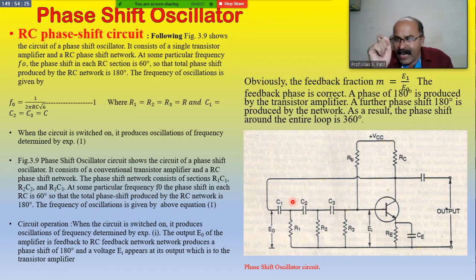Friends, at the time of designing the phase shift oscillator, there is the typical task of adjusting the resistances R1, R2, R3 to the same value R, and the capacitances C1, C2, C3 to the same value C. Keeping the three capacitors equal and the three resistances equal is very difficult.